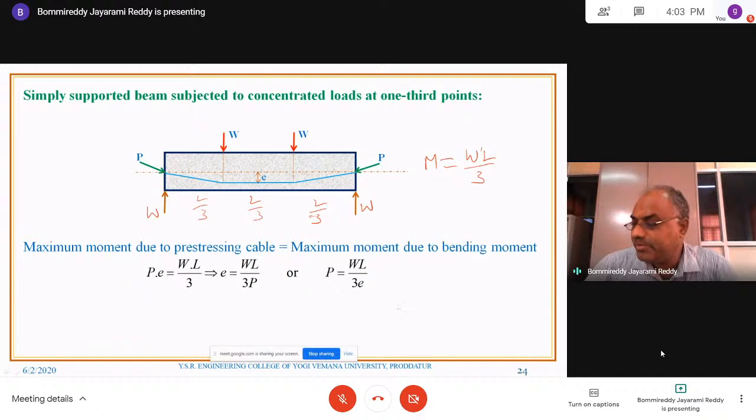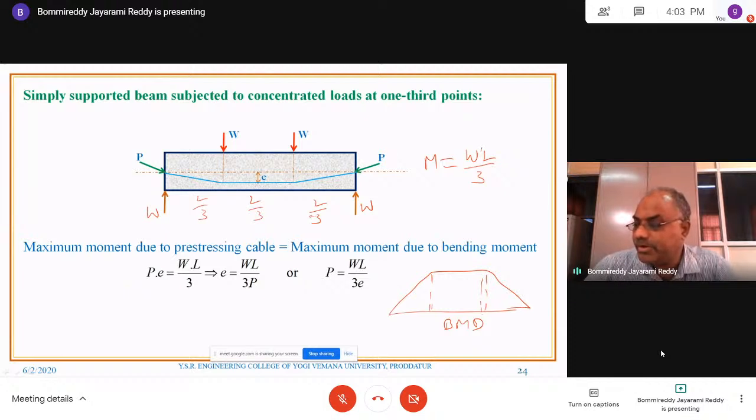What is the shape of the bending moment diagram for it? The shape will be like this. The maximum bending moment is uniform between the loads and thereafter it is decreasing. So the shape of the cable is also in the same fashion, with zero eccentricity at the supports and uniform eccentricity e between the two loads.